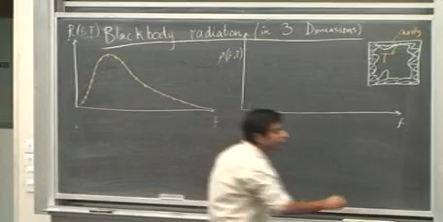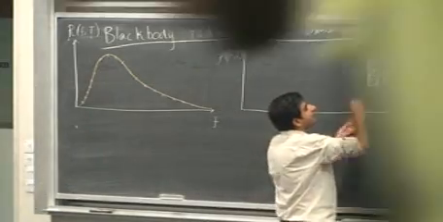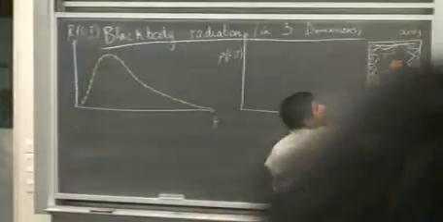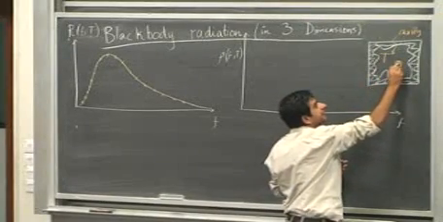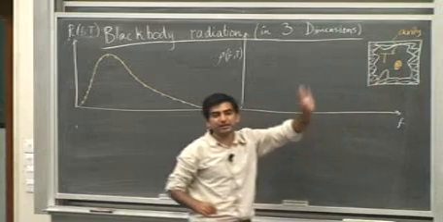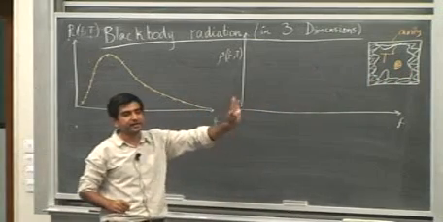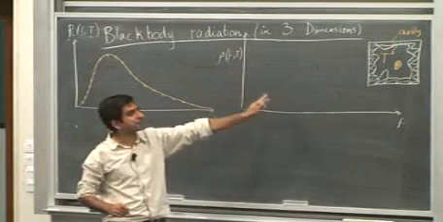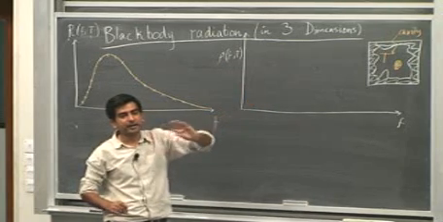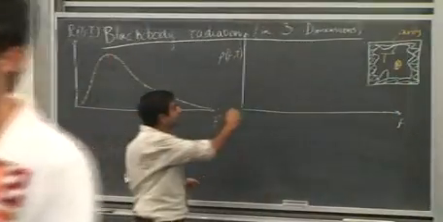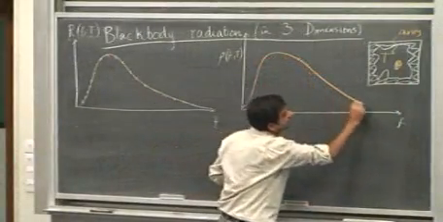So take a small volume inside the cavity, find the total energy inside this volume, and the energy comes from the electromagnetic waves, the standing wave of the cavity radiation that has been set up, and divide by the frequency interval. So you get exactly similar curves.